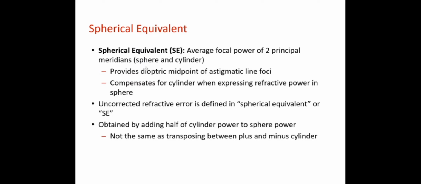Basically, you are taking the average focal point of the two principal meridians. And this only works well if the astigmatism is less than 0.75 diopters. So if it's more than 0.75 diopters, the spherical equivalent may not work very well. You still need to correct the cylinder power then.